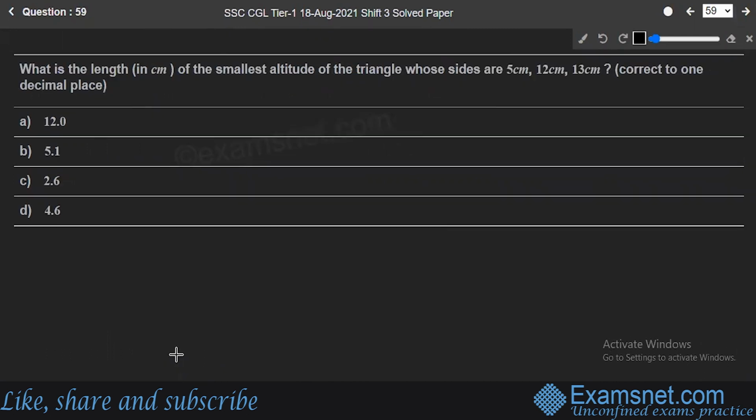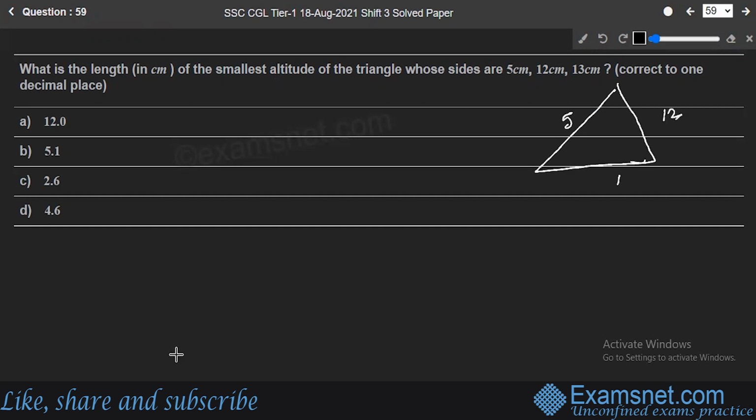59. What is the length in centimeters of the smallest altitude of the triangle whose sides are 5, 12, and 13, correct to 1 decimal place? So you have to find out the length of the smallest altitude of the triangle. Let's start with the question. You are given the three sides as 5, 12, and 13.